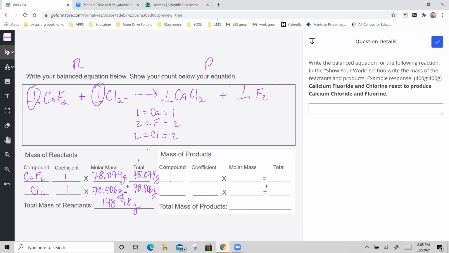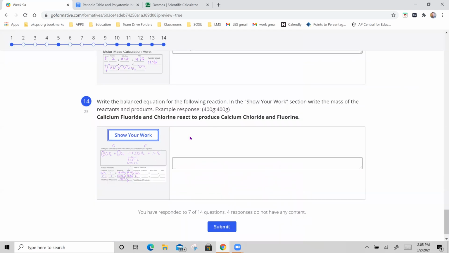Now we're going to do the same thing for the products. What compounds do I have in the products? I have calcium chloride and F2, fluorine. What are my coefficients? 1 and 1. Then I have to find the molar mass of these, which I already have from a previous problem.